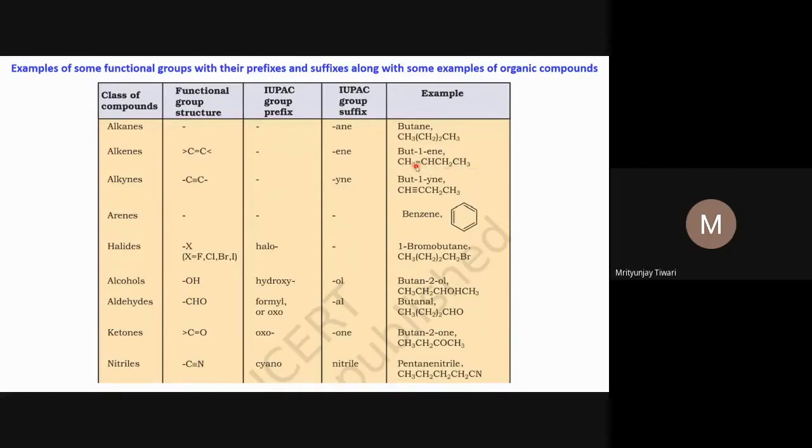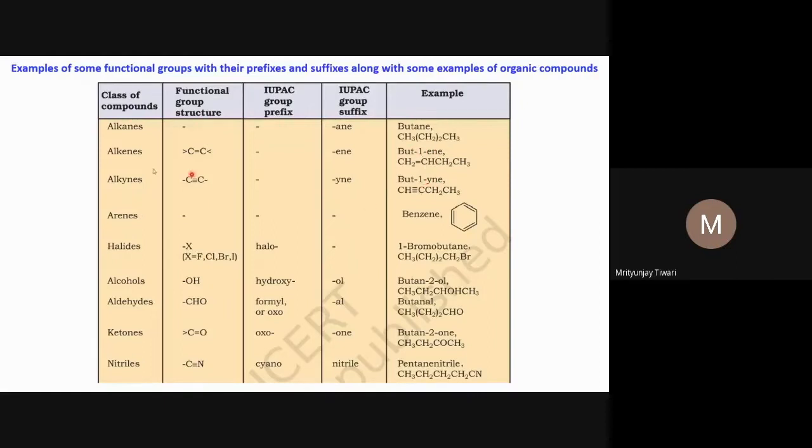Again, these two positions are equivalent, so you don't see any position isomer in this case. But the position isomer arises because the double bond can be between the second and third carbon atoms, and the numbering starts from here: 1, 2, 3, 4. So this is but-2-ene.